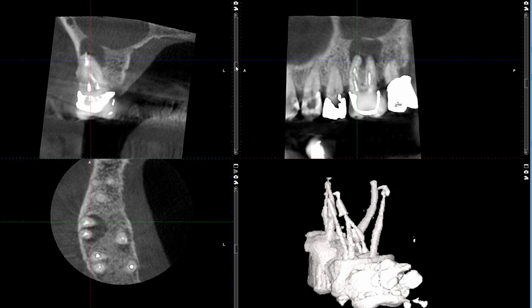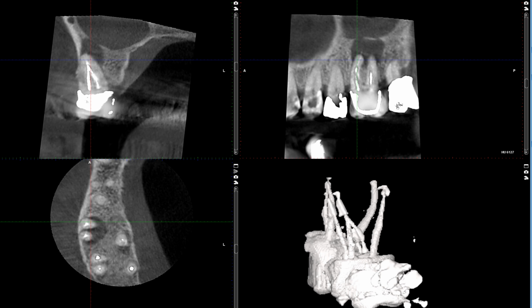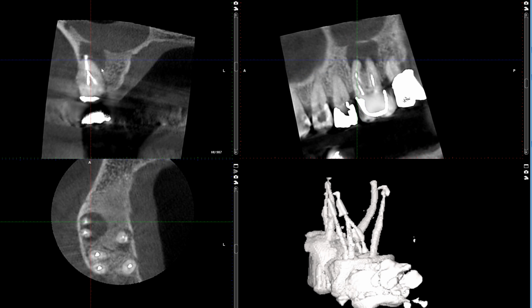So here we're sectioning through the mesiobuccal root. Let me see if I can bring those two canals better. So here's mesiobuccal, and that's the MB2, which merge in the apical third and exit as a single canal.